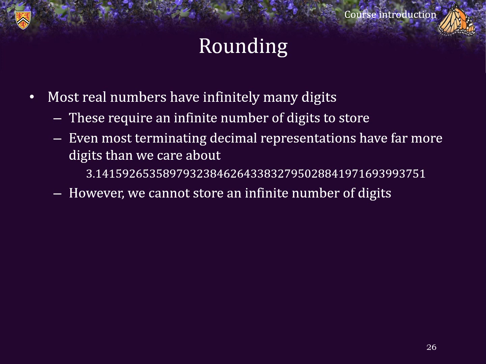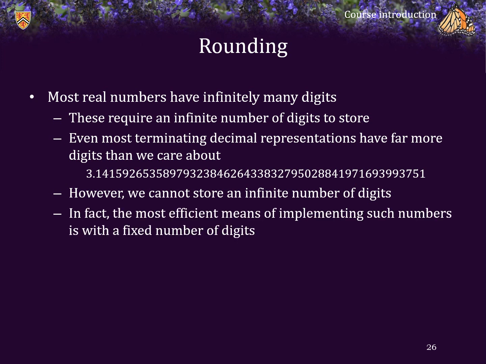So we can't store an infinite number of digits, and memory is not free. We can't even store that many digits, be they decimal digits or binary digits or bits. In fact, the most efficient means of implementing decimal and binary representations of numbers is to simply store a fixed number of digits.